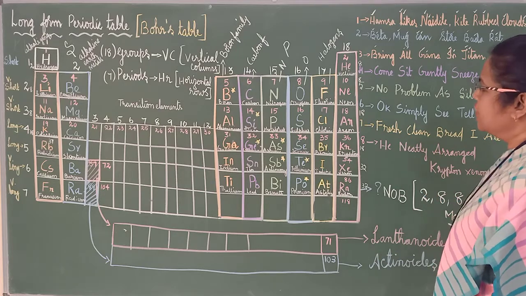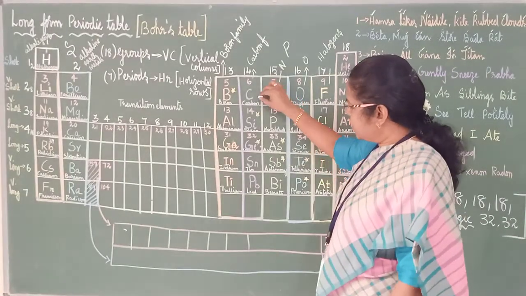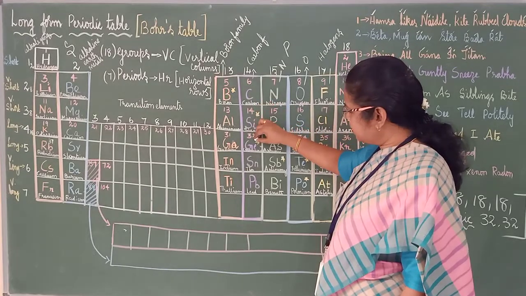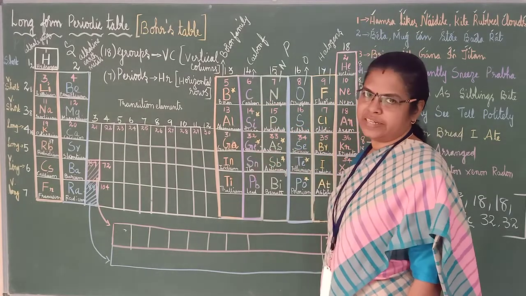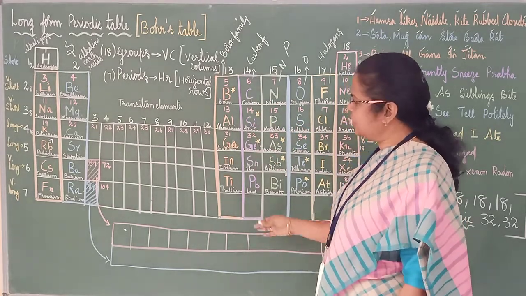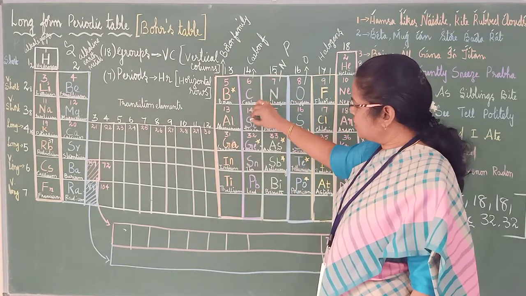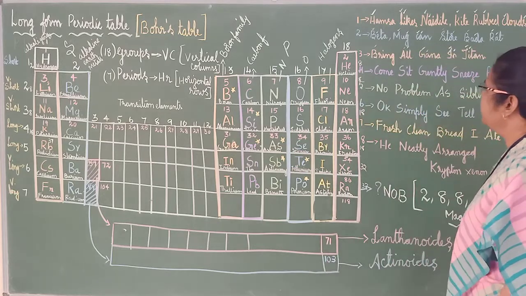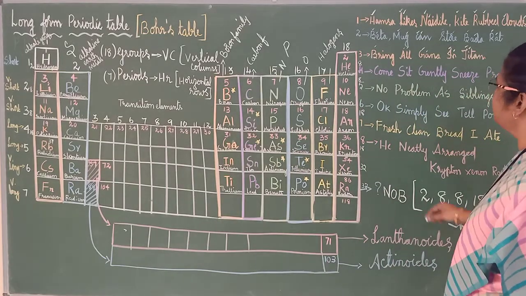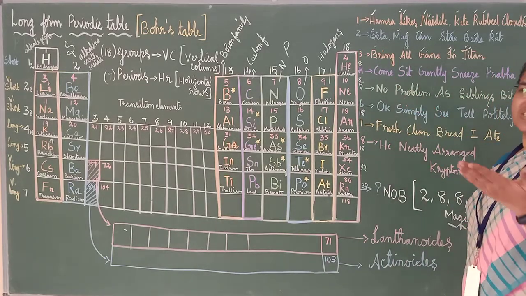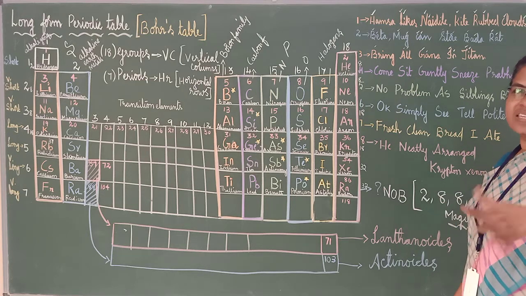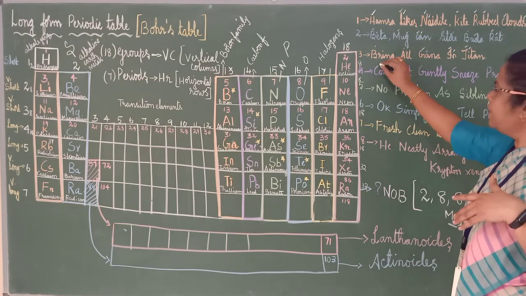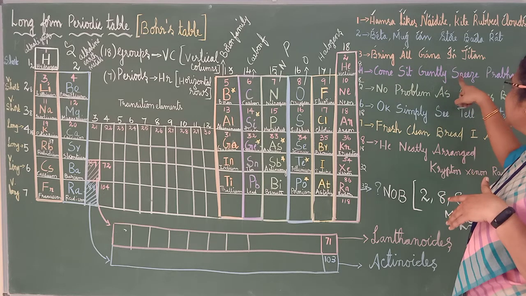Carbon family. Carbon family, see the numbers? Carbon, silicon, germanium, tin and lead. Okay, I have left this one. Later you can study. Come, we will remember this with the help of mnemonics. Someone is standing outside and they are sneezing continuously. You are telling, come, sit, gently sneeze.